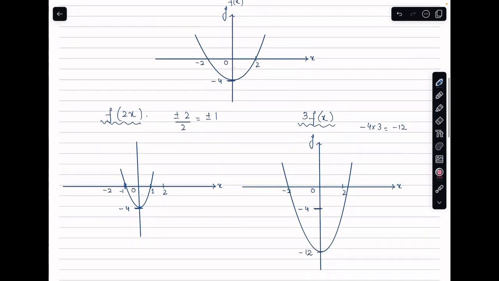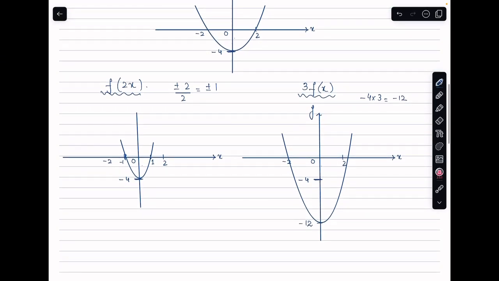So the shape of the graph after the stretch of factor 3 along the y direction shall have -2 and 2 remaining the same, no change over here. And along the y-axis, I can see that the graph has stretched to -12 along the y direction.